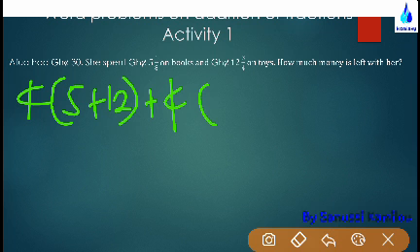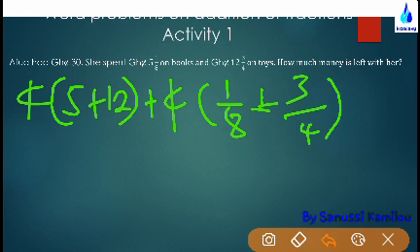We are having 1 out of 8 and then 3 out of 4. I will do everything for you. Now we are having our addition here.